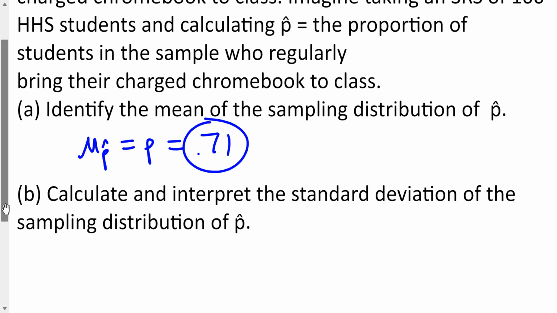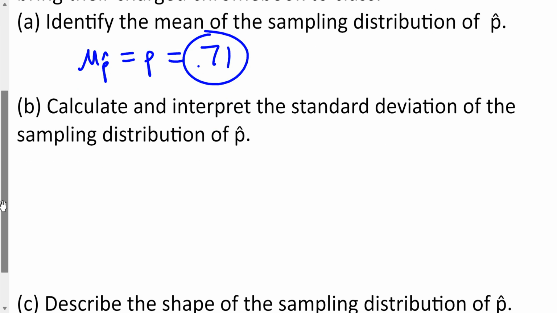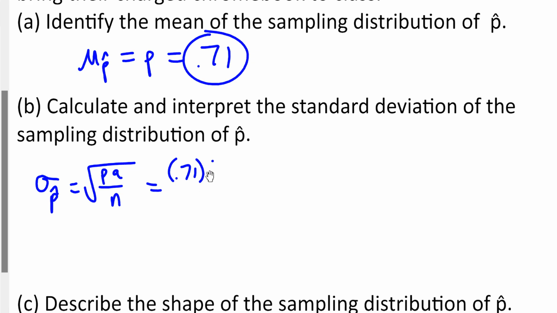Calculate and interpret the standard deviation of the sampling distribution of p-hat. So this is where we're going to utilize that other formula. The standard deviation of p-hat would be the square root of p times q divided by n, which is 0.71 times 0.29 divided by, what did we say, 100? It's the square root of that.